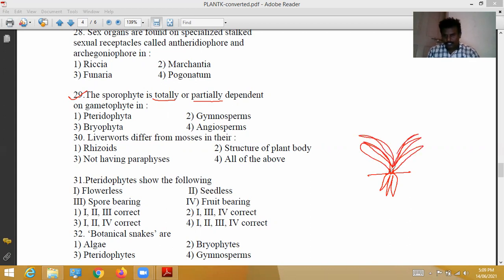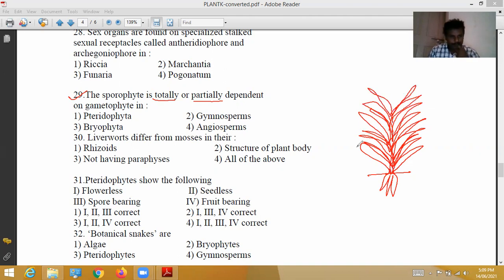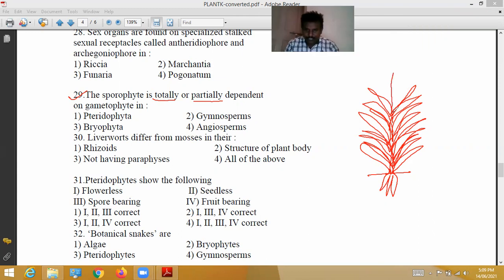This is called gametophyte. At the end, what would be there?